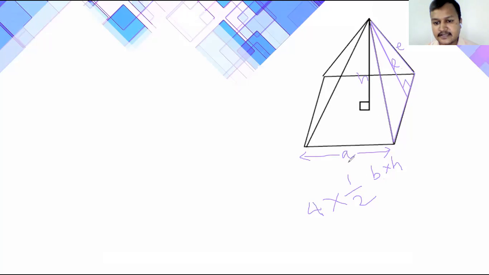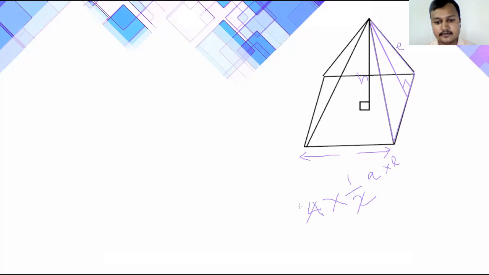So in place of this base, in this B, in place of this B, we have to put this A here. Similarly, in place of this height, we have to put this slant height L, and it gives us this lateral surface area.